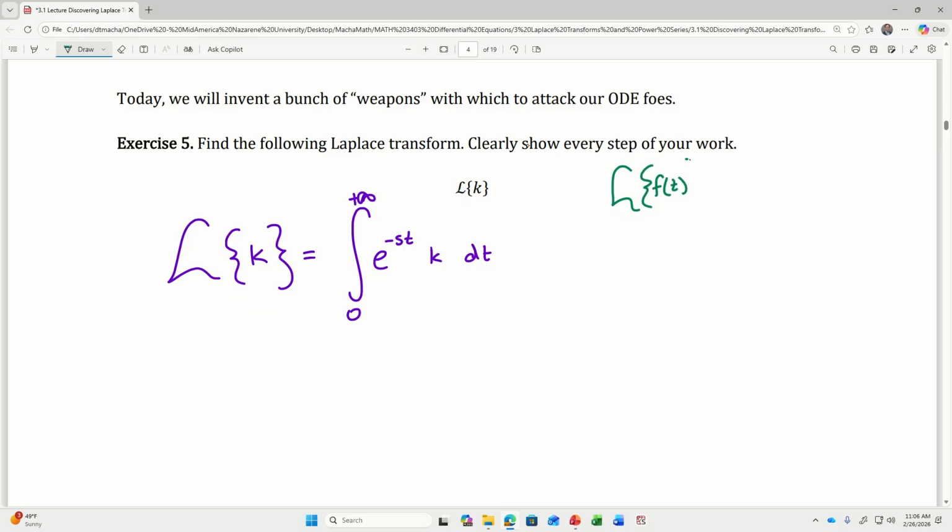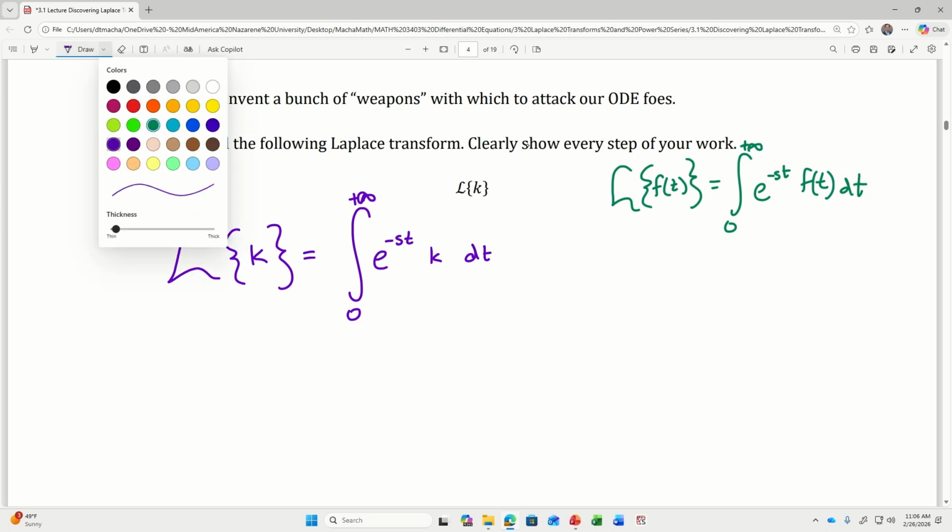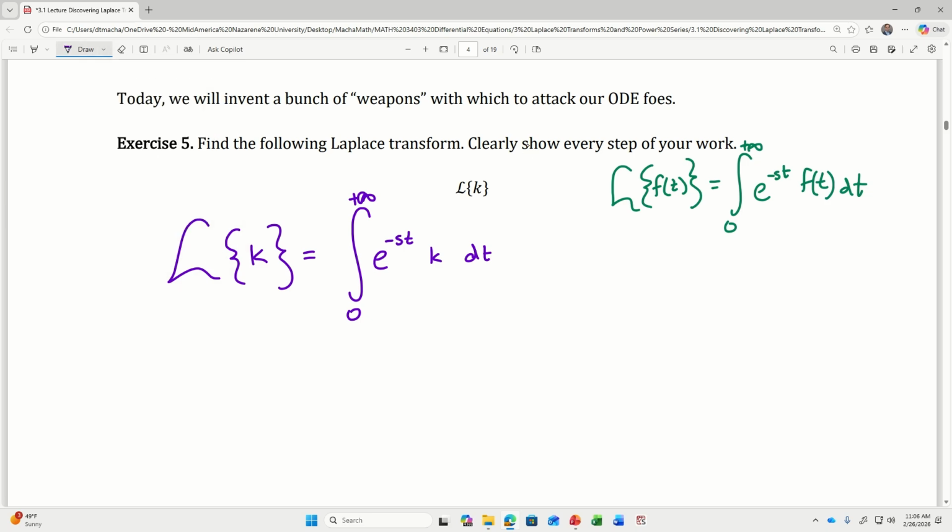I'll go ahead and write down the definition. Okay, so what do I say? Well, you learned a long time ago in calculus 1 or calculus 2 that integrals have the homogeneity property, where if I've got a constant multiple like k on the inside, I can just pull the k out.